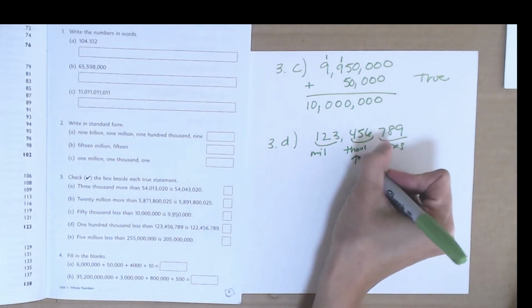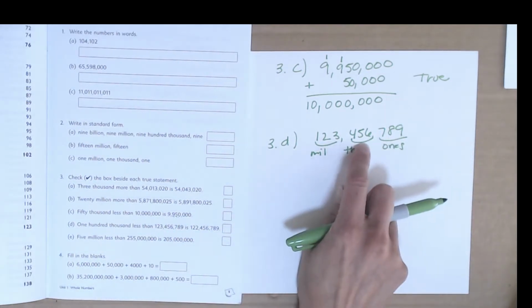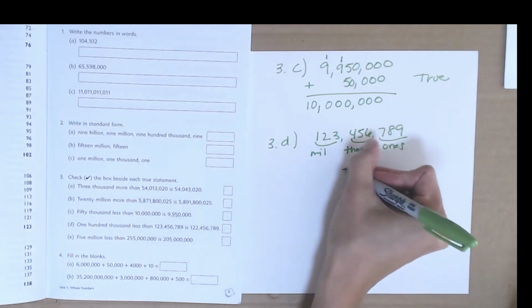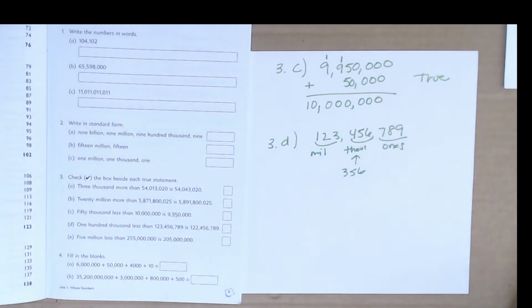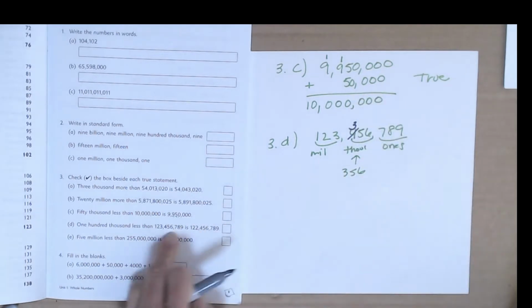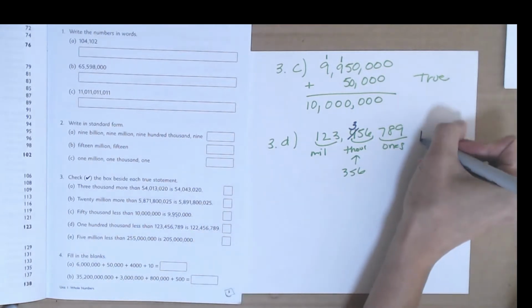So here's our thousands. We want 100,000 less. So this is 456,000. 100,000 less than that would be 356,000. So I'll cross off that 4 and make it a 3. And let's see, is that the number they're saying? No, this is a different number, so that would be false.